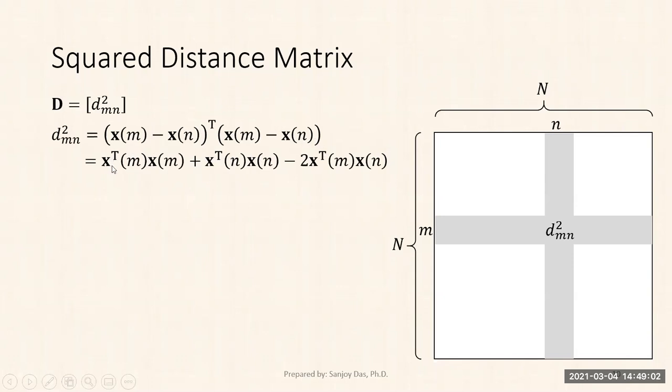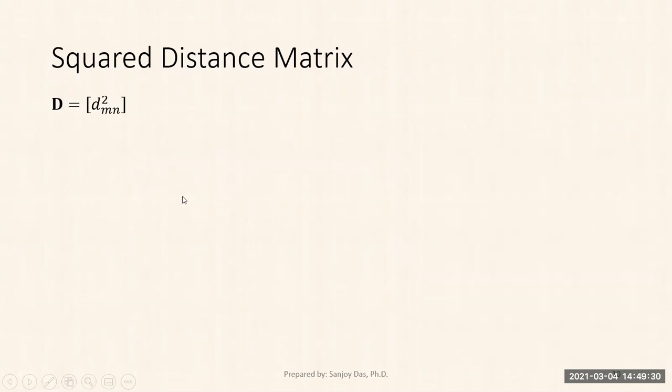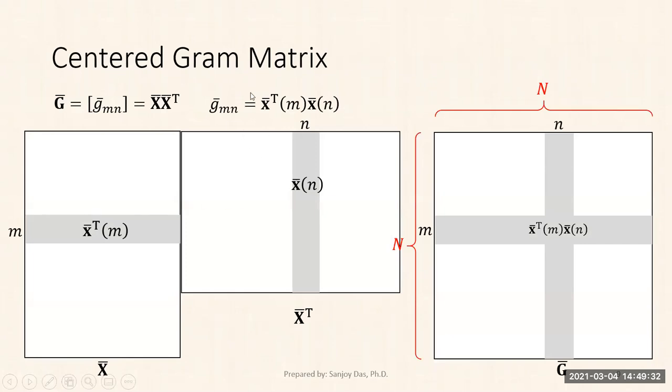And so I have dmn squared is xm transpose xm plus xn transpose xn minus twice xm transpose xn. Okay, all I did was open up the two brackets here, which is equal to, now, if you look at the definition of the Gram matrix, remember, this is what we have.